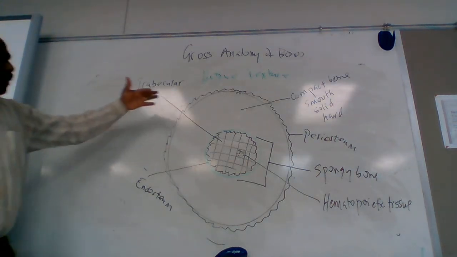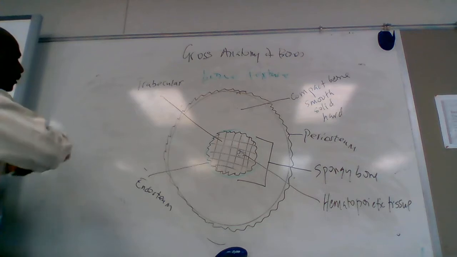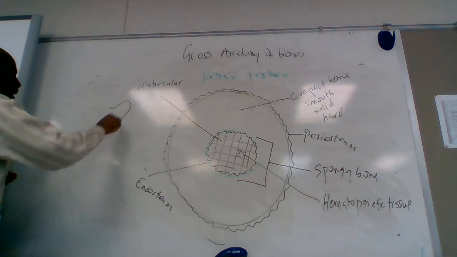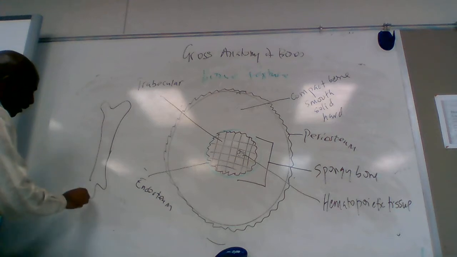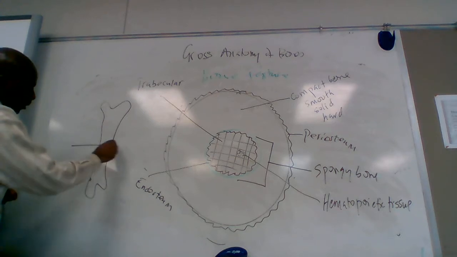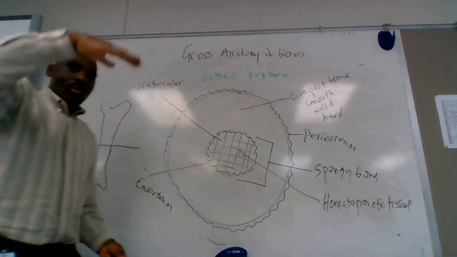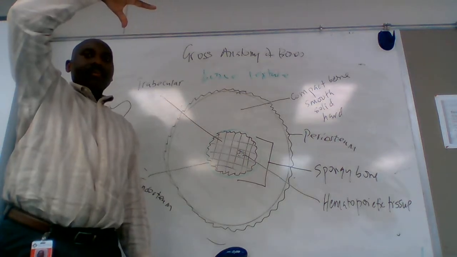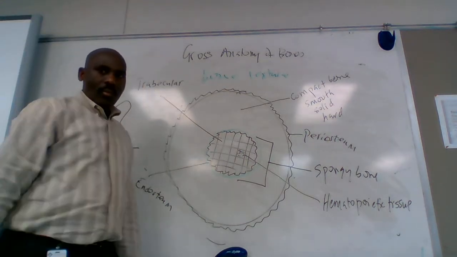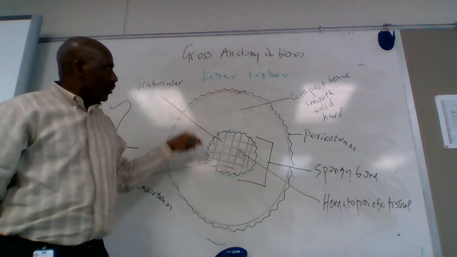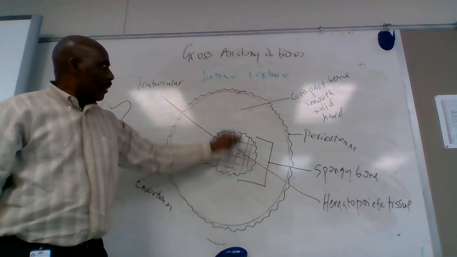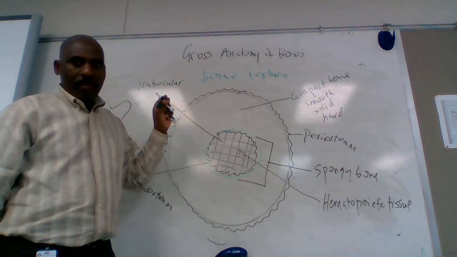So if you took a bone, let's say this is your bone over here, and then you did a cross-sectional cut, and you're looking at the bone from the top down, this is what you're actually going to see. So this actually reveals the structure of a long bone.